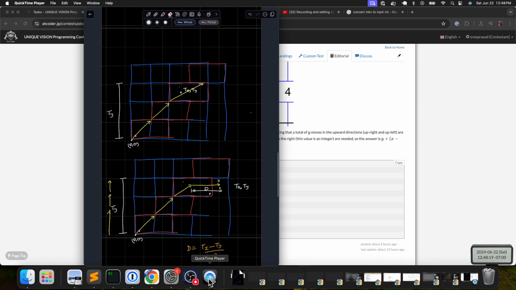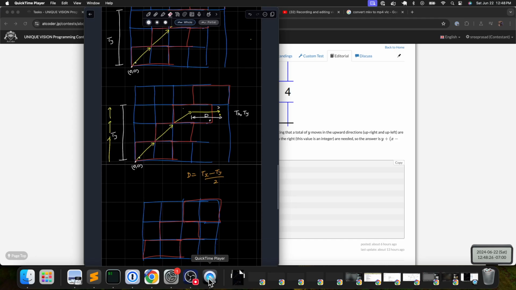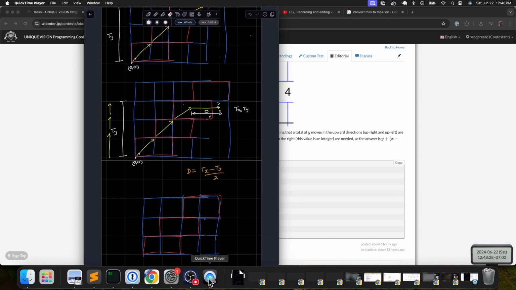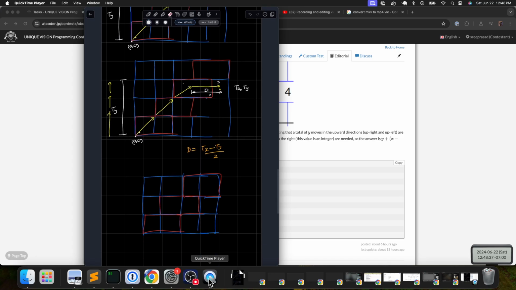But in the previous case, we did not calculate the d because we went only ty distance. But here you are calculating d. How would you know when to add this d? Here the total distance was just ty. Here the total distance included going up by ty, plus you have to calculate the distance d, which is given by tx minus ty.